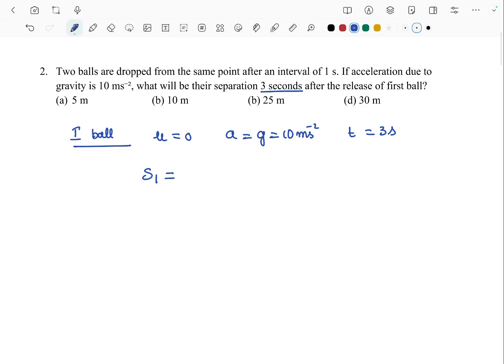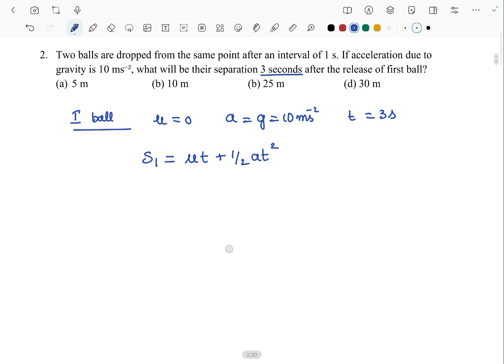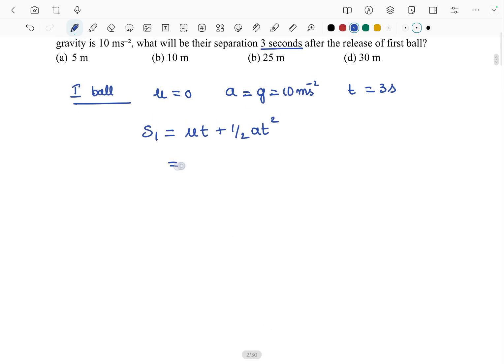The distance traveled s is equal to ut plus half at square, half into your acceleration 10 and your time 3 square, which becomes 9 into 5, which will be 45 meter. This is for the first ball.